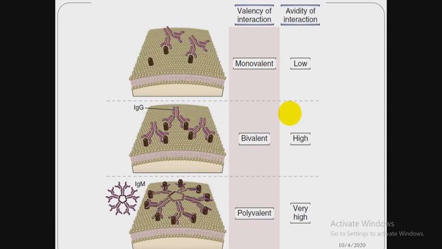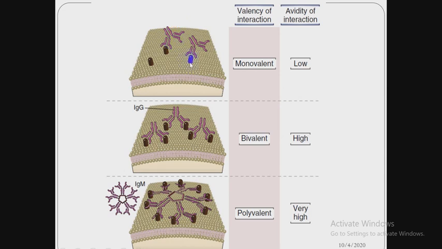Here you see 3 pictures. In the first row, we have a multivalent antigen. You see the similar epitopes on the surface of an antigen, and we also have a monomer antibody like IgG.